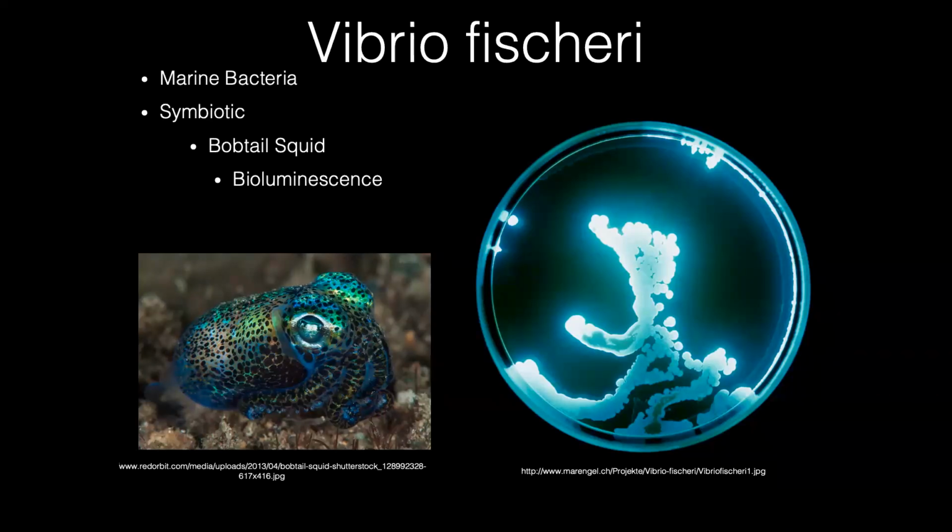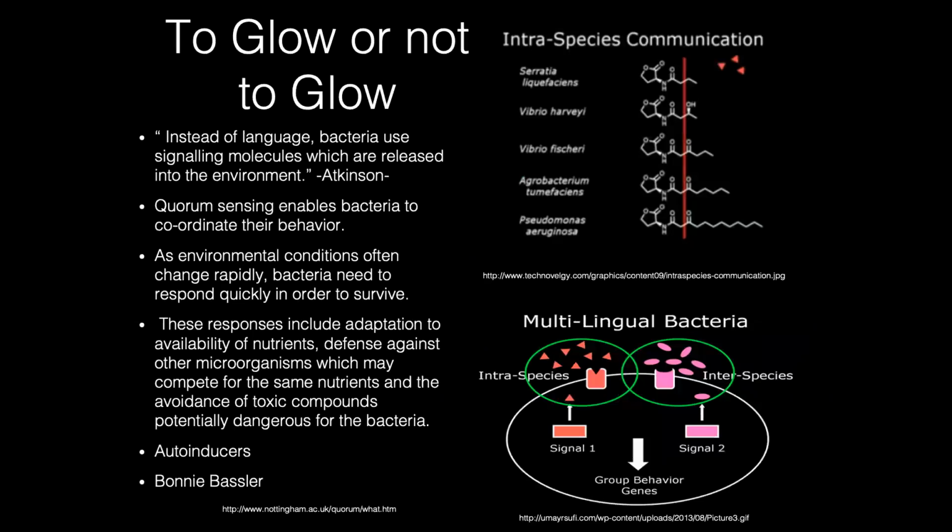Because then when those Vibrio fischeri are in high enough concentration to start glowing, between the glow and their ink sac, the bobtail squid can almost perfectly mimic the night sky above them. So now they no longer cast a shadow. They have a light pattern that looks almost exactly like the moon and stars above them, protecting them from predators. But why do they glow? To glow or not to glow?